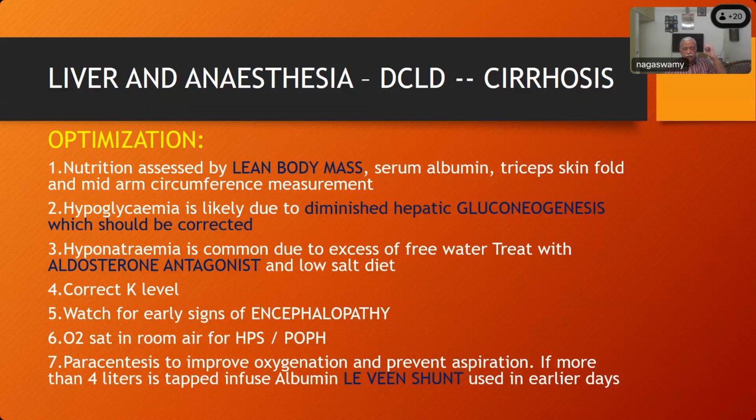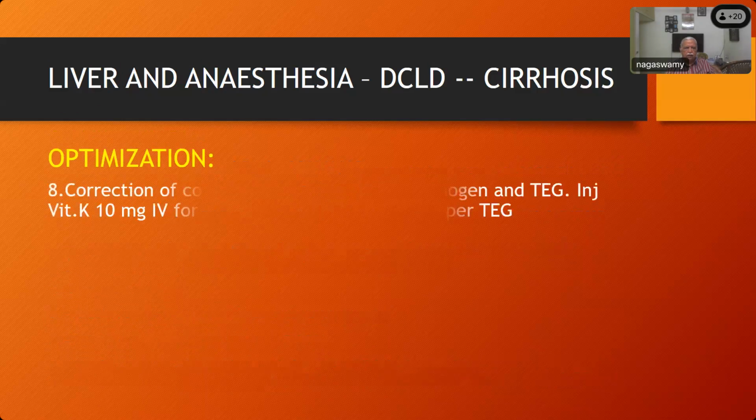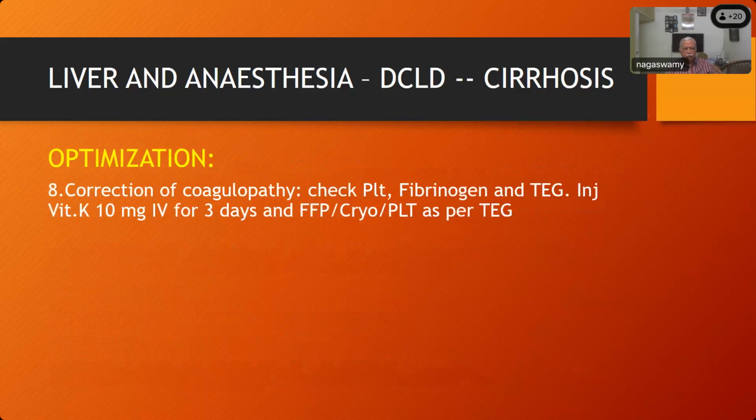Do paracentesis to improve oxygenation if the patient has very severe distension restricting the diaphragmatic mobility. And if more than 4 liters are tapped, infuse albumin. Earlier they used to have what is called a LeVeen shunt to direct the ascitic fluid back into the circulation.